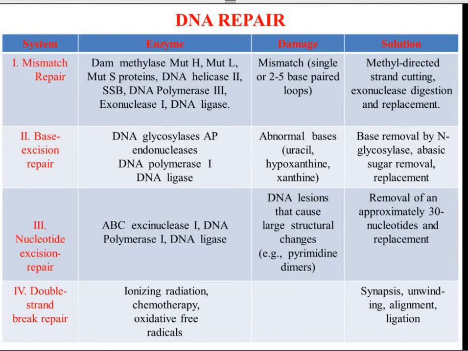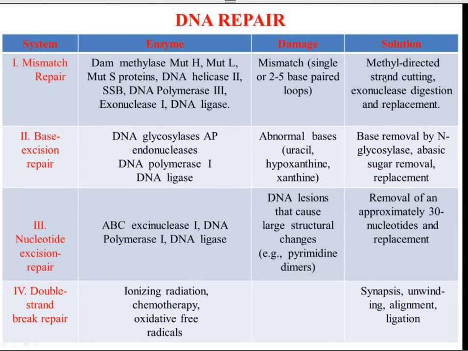Mismatch repair is taken care of by a set of enzymes, namely the various Mut proteins. In prokaryotes, they are MutH, MutL, and MutS. Analogous proteins are also found in eukaryotes. The major enzyme here is the Dam methylase. This methylase is responsible for methylation of parental DNA.